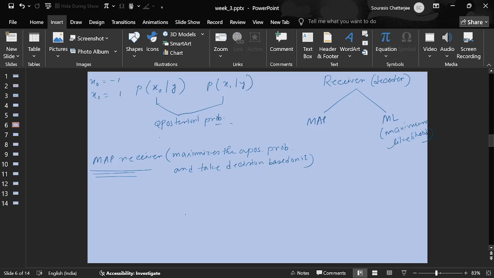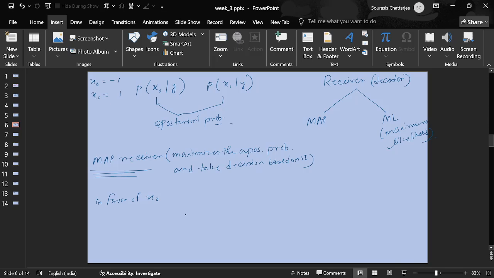Or let's say, give me the answer: when is the receiver going to decide in favor of x naught? Like when the MAP receiver is going to say, okay, x naught is transmitted. Probability should be known for that, the a posteriori probability. Okay, let's assume we have the knowledge of the a posteriori probability. Then when is it going to decide in favor of x naught? When it is above a certain threshold.